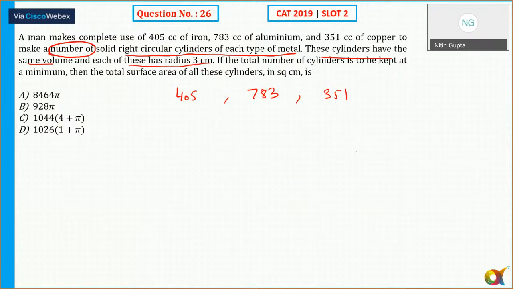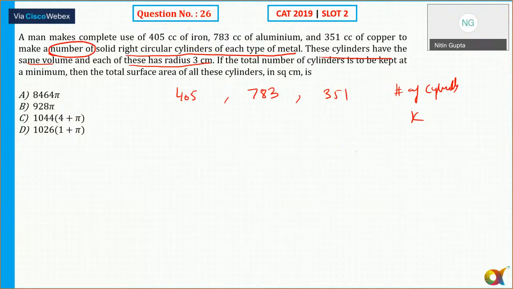So let's say the total number of cylinders is equal to k. All these cylinders have the same volume and each of them has a radius 3. So the radius of all is 3.